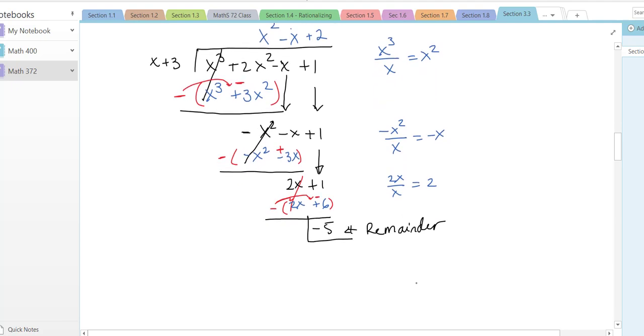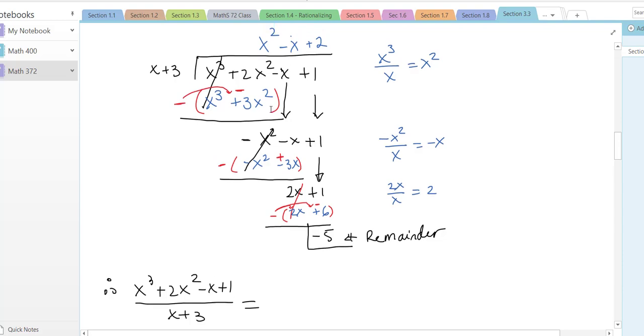So how do we write our answer? So the division problem, x cubed plus 2x squared minus x plus 1 divided by x plus 3, that was what we divided, is equal to the quotient. The quotient is what we get on top of the bar here. So I'm going to highlight it.